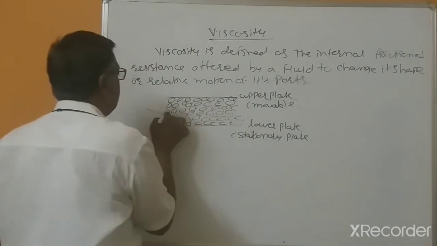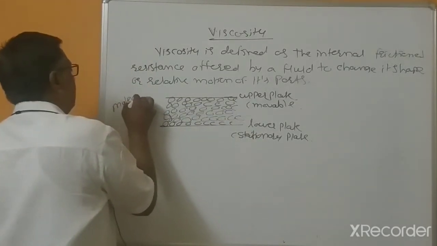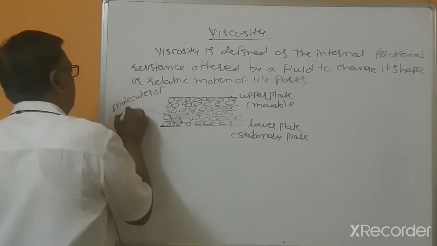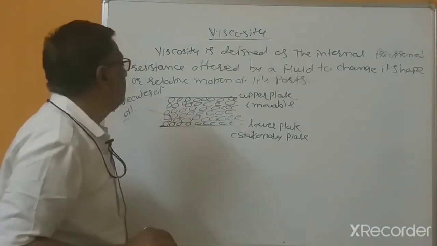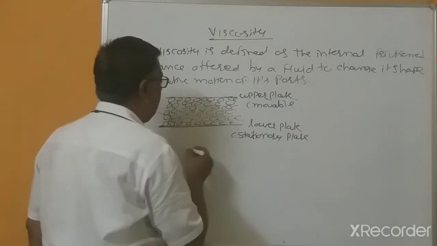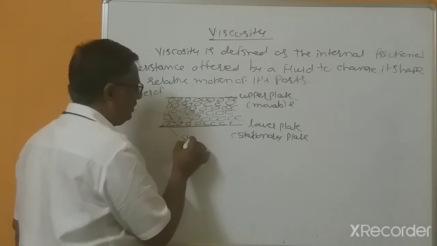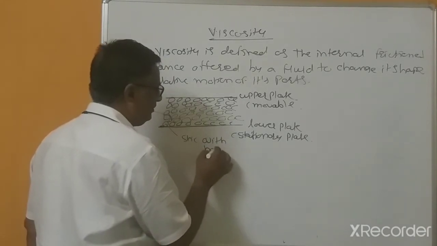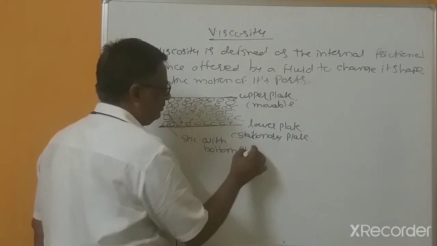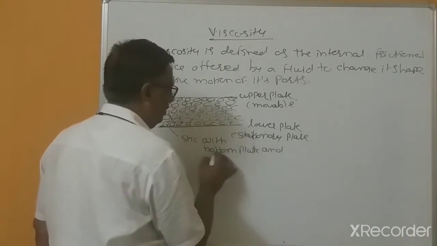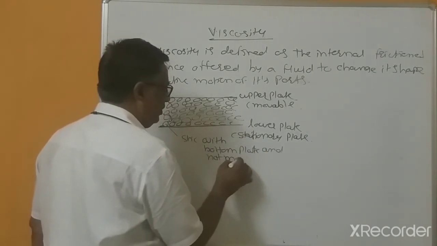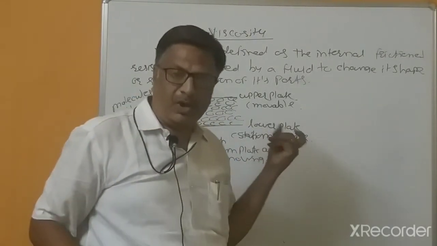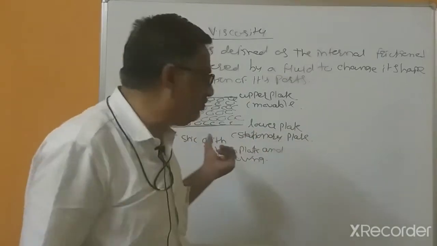So these are the molecules of oil. This is the lower plate. These molecules stick with the bottom plate and are not moving.